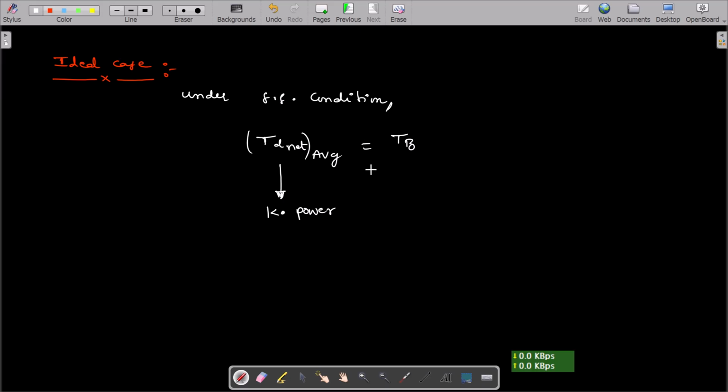Which will be equal to TB, that is K3 phi square N. This power will be directly proportional to the speed of the disk.